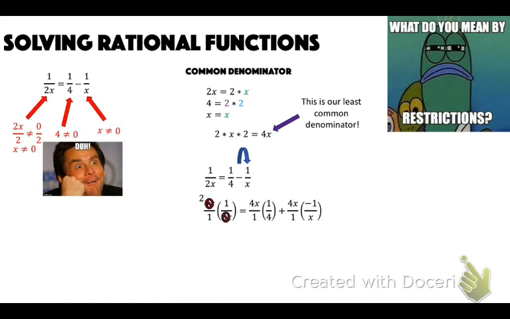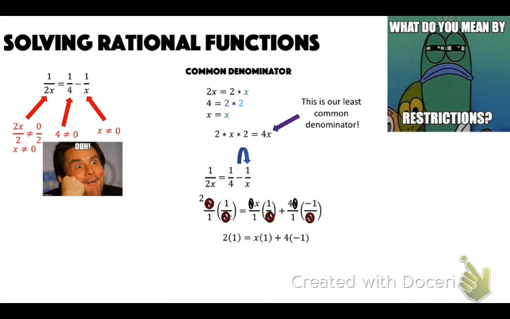So there, the 2x cancels the 4x, leaving us a 2 on top. The 4's cancel, leaving us just an x. And there, the x's cancel, leaving us a 4. You could also say this one cancels, this one cancels, that one cancels. It doesn't really matter when you're dividing by 1, it's the same as whatever you start with anyways.